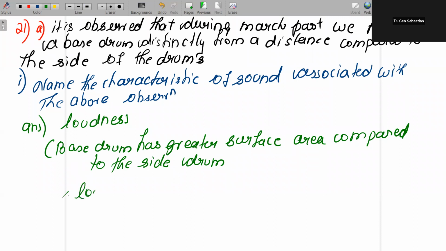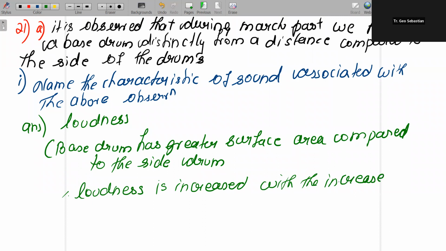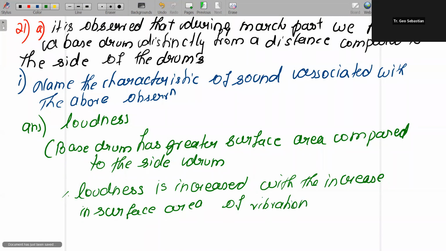Therefore, loudness is increased with the increase in surface area of vibration.